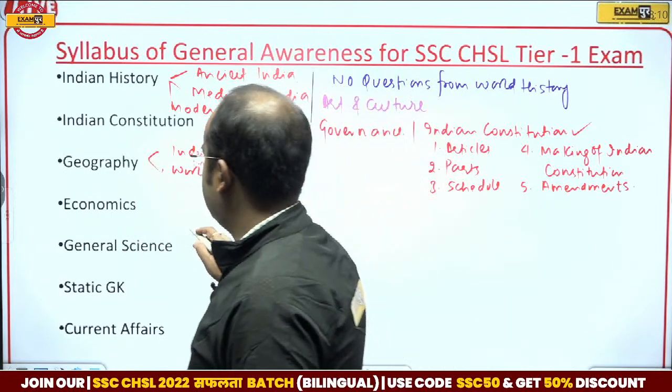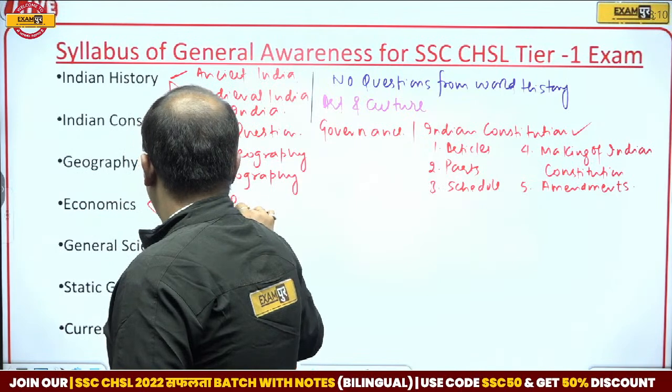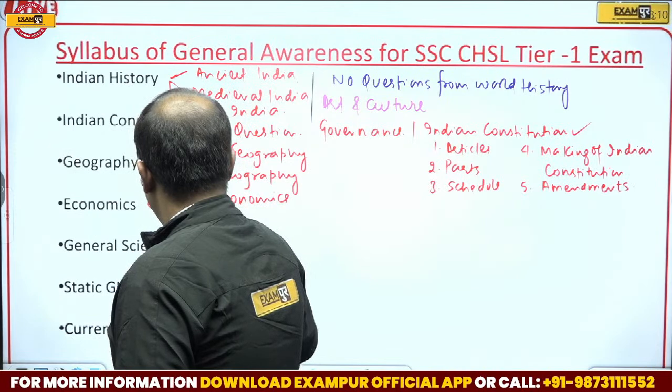Now in economics, there are 2 sections. One is microeconomics, and next you have macroeconomics.